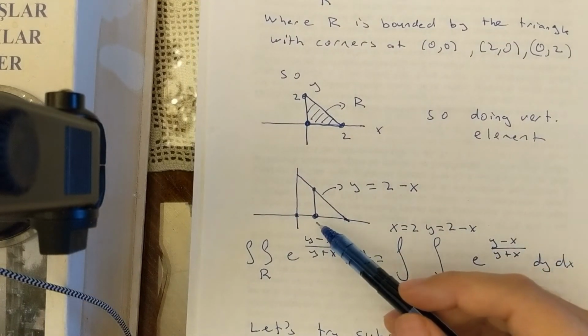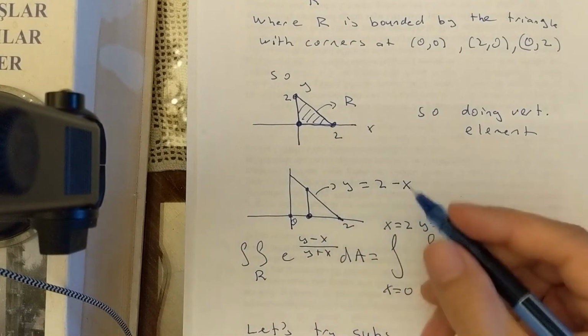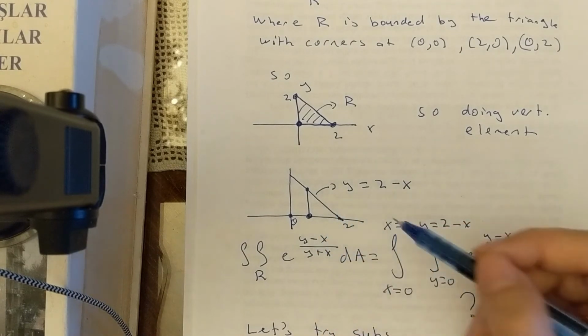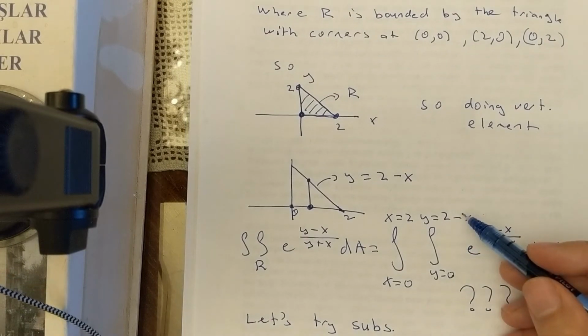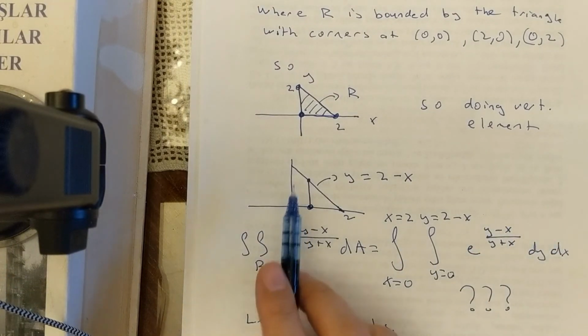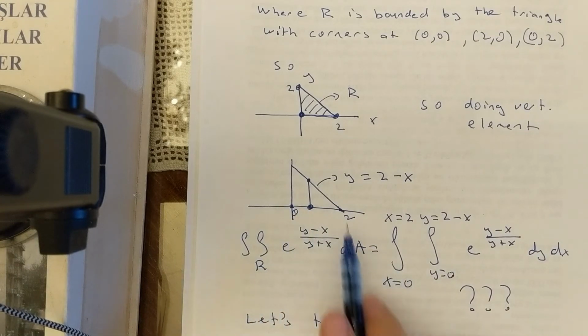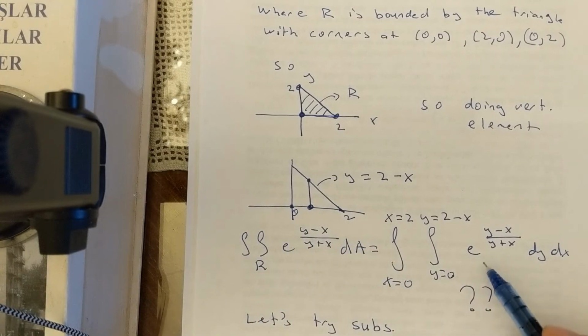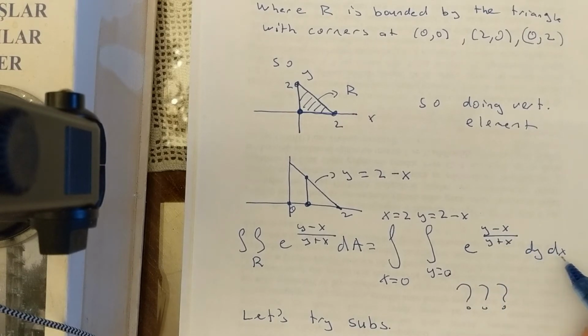So here is 0, here is 2, and y is going to go from y equals 0 to y equals 2 minus x, and we're going to scan this from left to right like this. X goes from 0 all the way to 2. And the function was e to the y minus x over e to the y plus x dy dx.